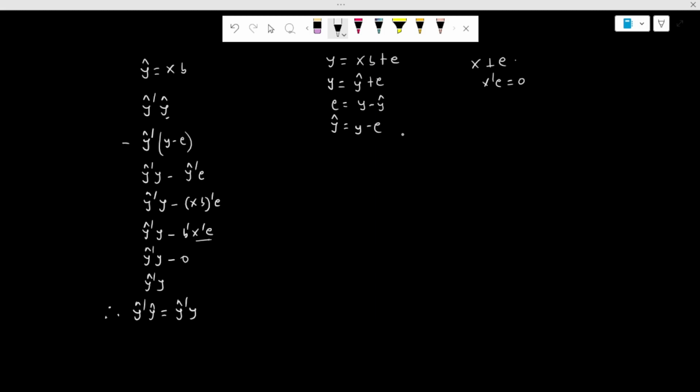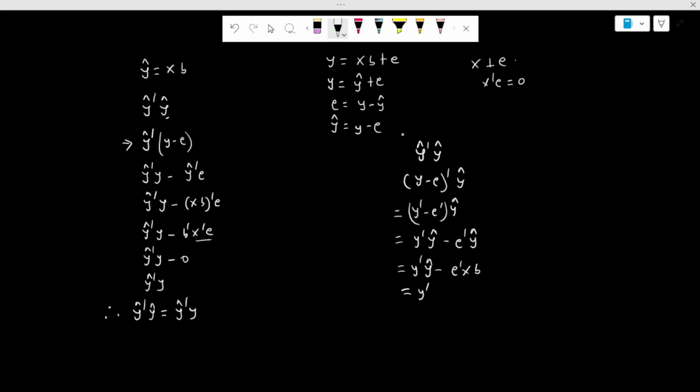Now again, from this expression, y cap transpose y cap, let us substitute the value of y cap on the left side, and in place of y cap let us write x b. This is equal to y transpose y cap, and as the error and x are orthogonal, again this is equal to 0, so this is again equal to y transpose y cap.